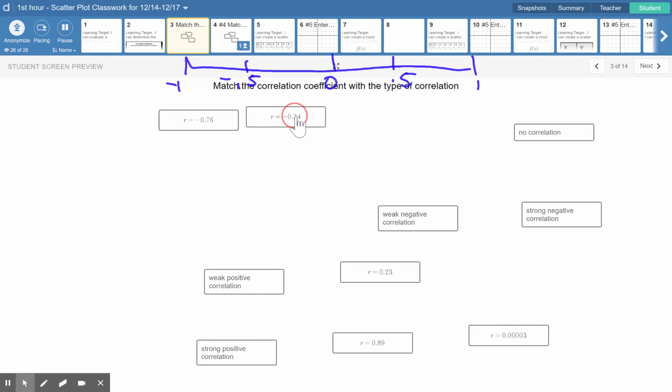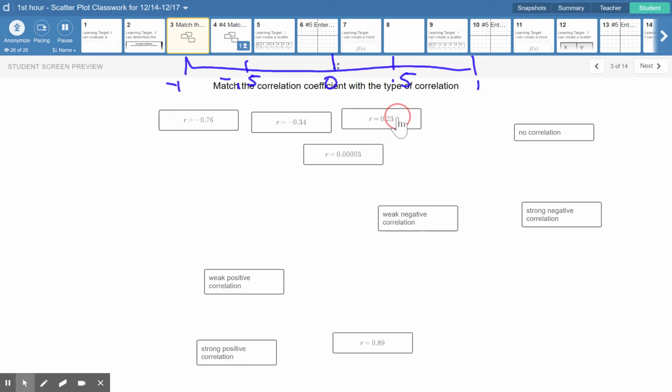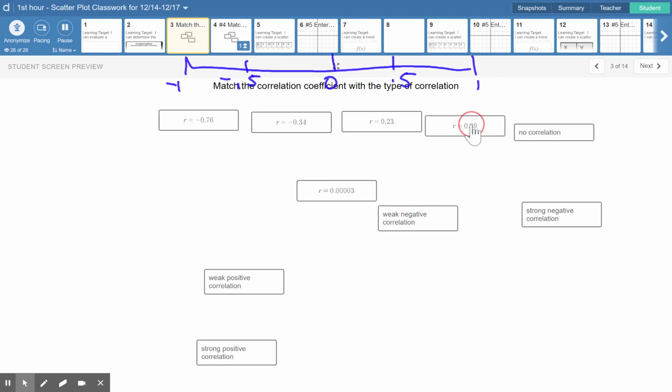The negative would be between 0 and negative 0.5. This one is super duper small, so that's close to 0. This one is close to 0, but it's positive. It's closer to 0.5, so it's in the weak range. And then we have a strong, so it's close to 1.